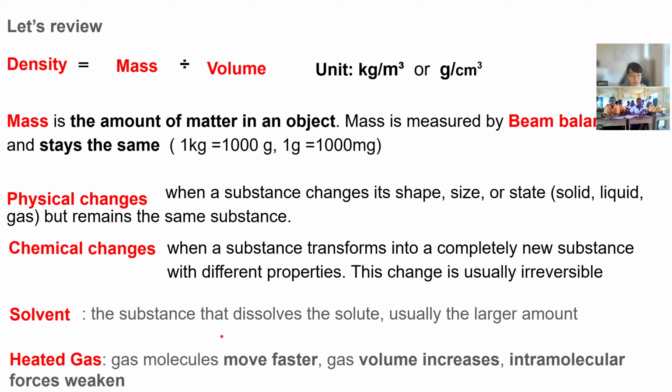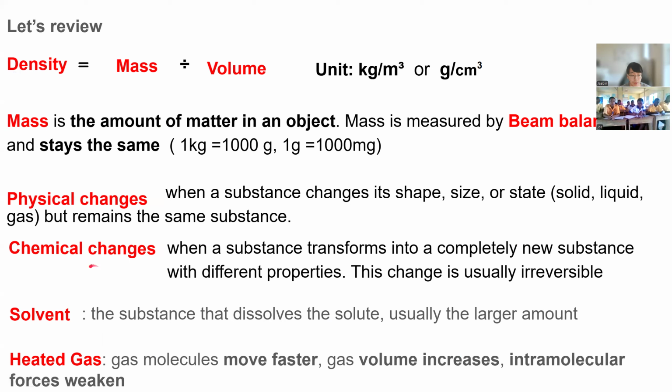Solvent is the substance that dissolves the solutes, and it's usually the larger amount. In a mixture, the larger part is the solvent, while the smaller part is the solutes, and it can be in any state.